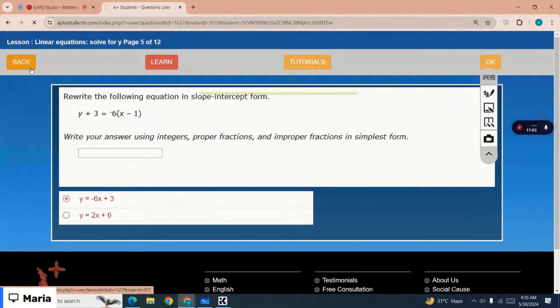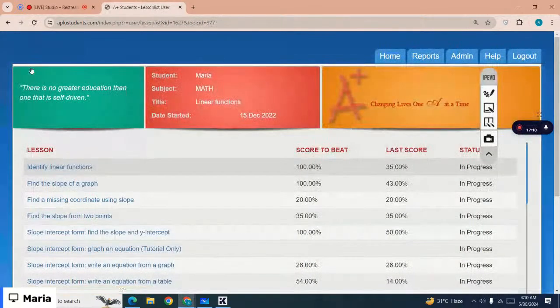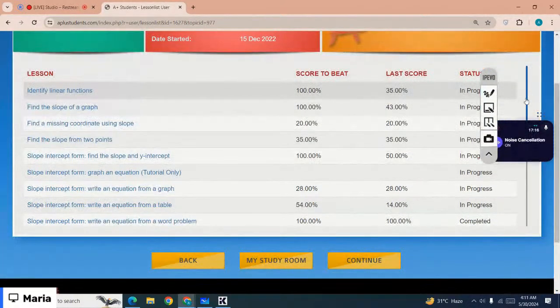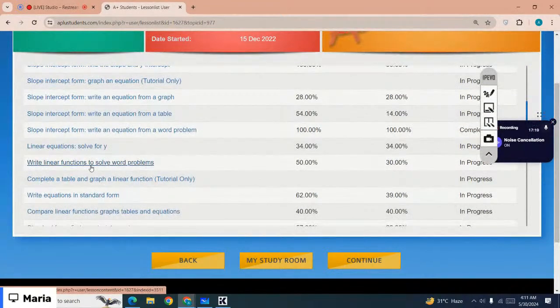And the next lesson is, the next one is, complete a table and graph a linear equation, linear function.